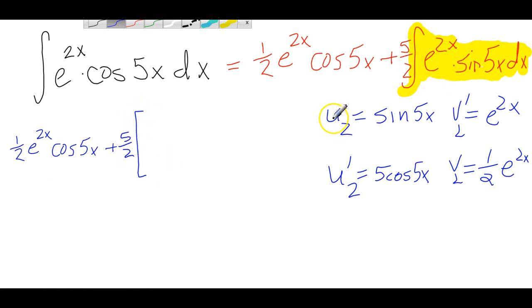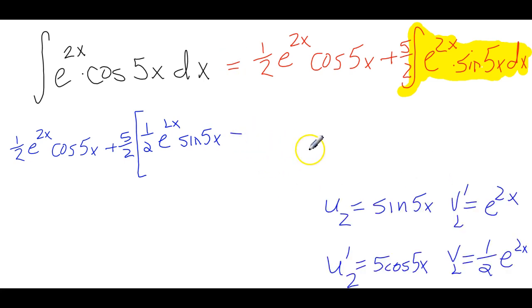We're going to replace it with, again, uv, so the 1/2 e to the 2x sine of 5x, and then minus u prime v, so minus 5/2 e to the 2x cosine 5x. We're going to put that in our new integral. So minus, again, I'm going to pull the 5/2 out. So minus 5/2. Now the new integral is u prime v, so the 5/2 is already out, e to the 2x cosine 5x.